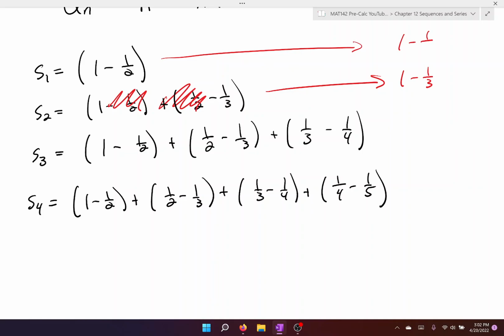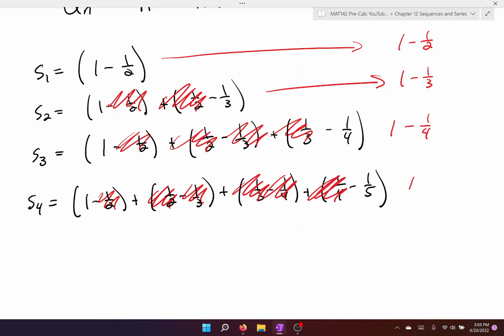Hopefully this makes a little more sense now. The third partial sum, the 1 halves cancel and the 1/3s cancel, so this collapses into 1 minus 1/4. The fourth partial sum, the 1 halves cancel, the 1/3s cancel, the 1/4s cancel. The only thing left over is 1 minus 1/5.